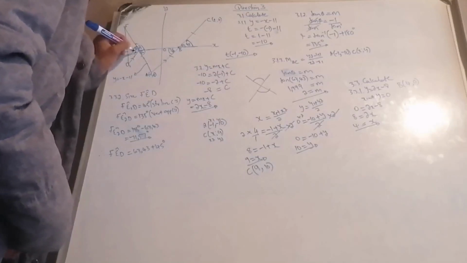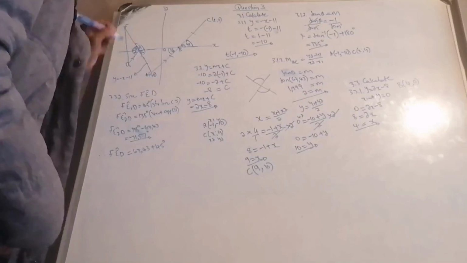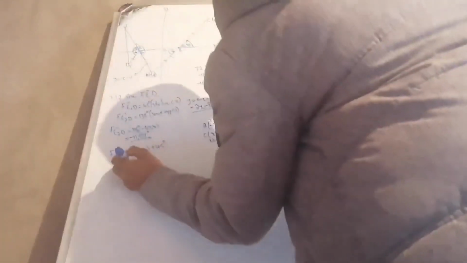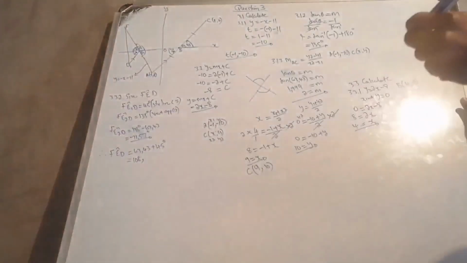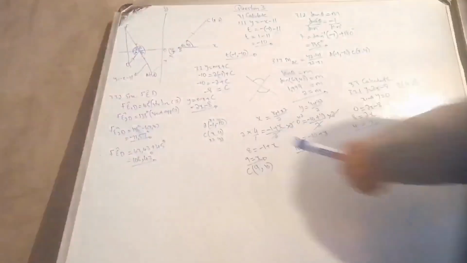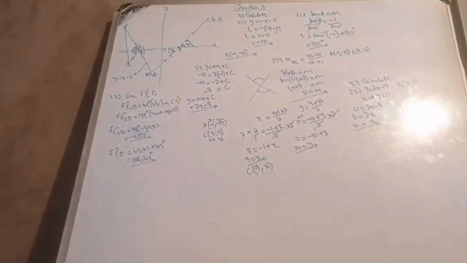So I'm going to say 71.57 plus 45. And that should give me 63.43 plus 45. And I'll get a value of 108.43 degrees as the value of size angle E.